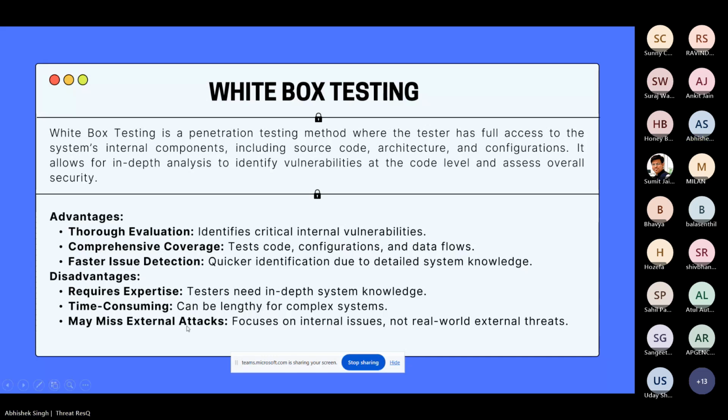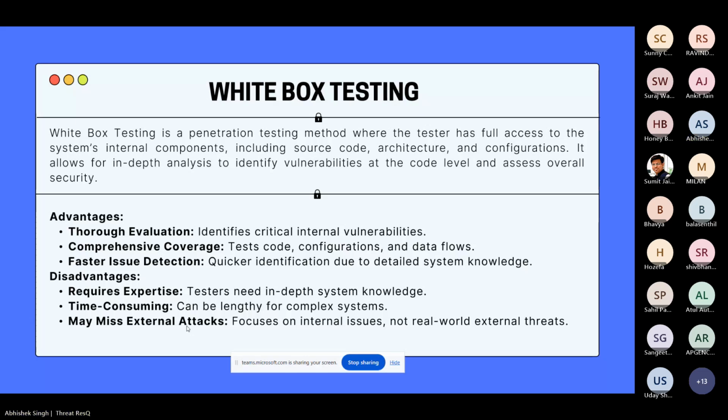There are a few advantages and disadvantages with this approach. The first advantage is that the analyst has all the access he requires. So the evaluation will be a lot more thorough as compared to black box or gray box, and it will also cover a lot more scenarios because they can test code, configuration, and data flows.